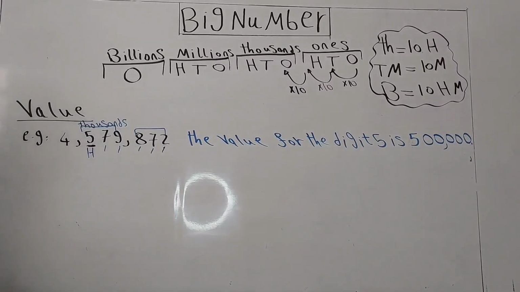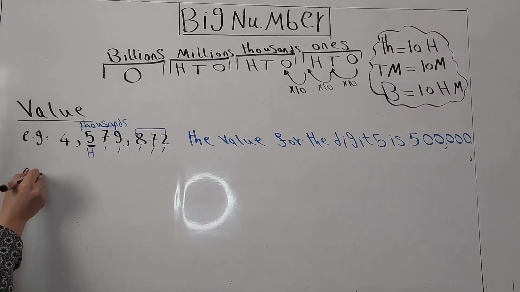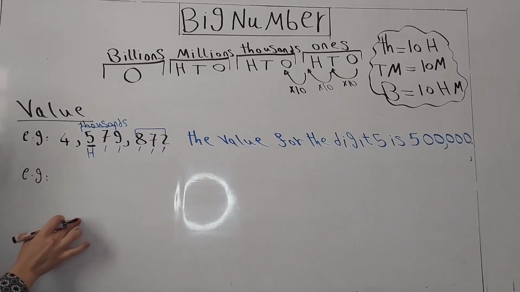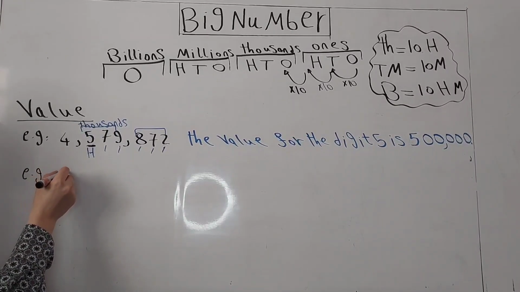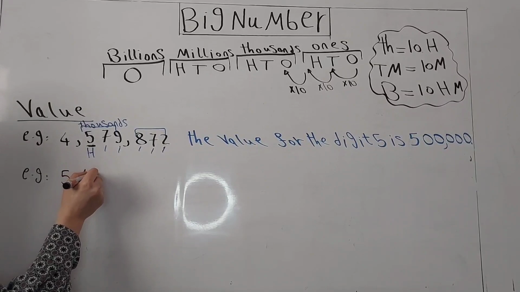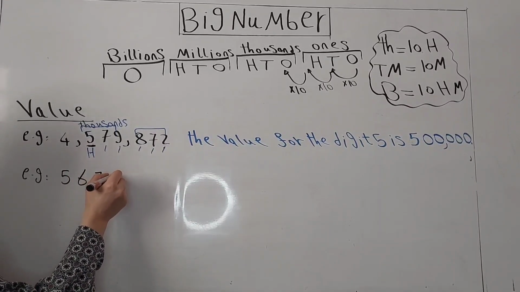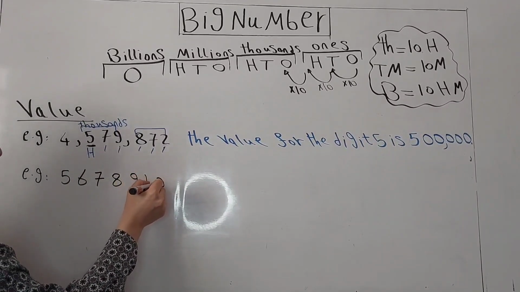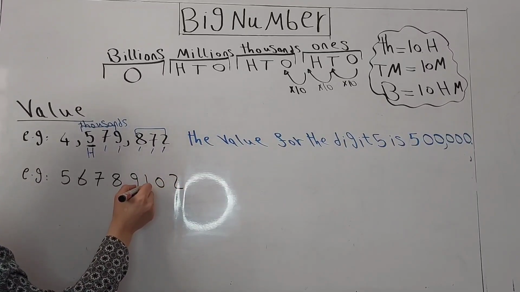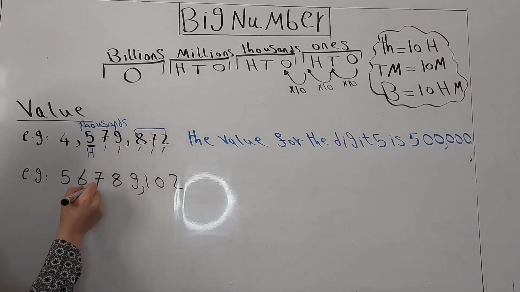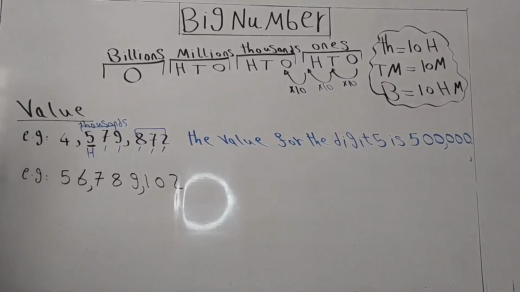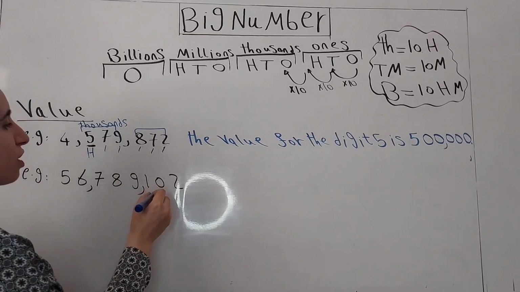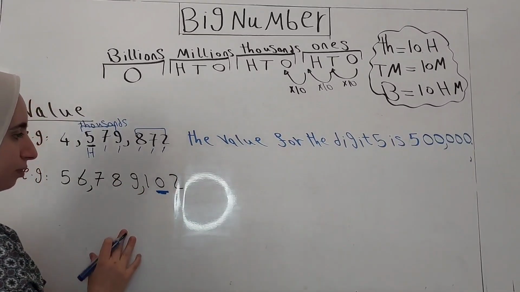Let's take another example. For the number, we need to write the value for the digit 0.